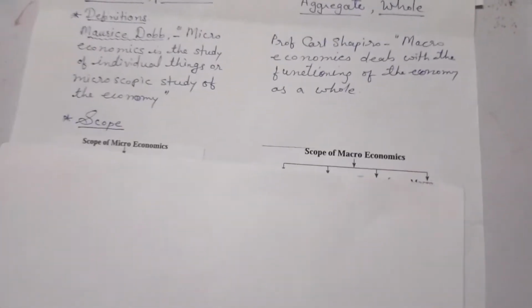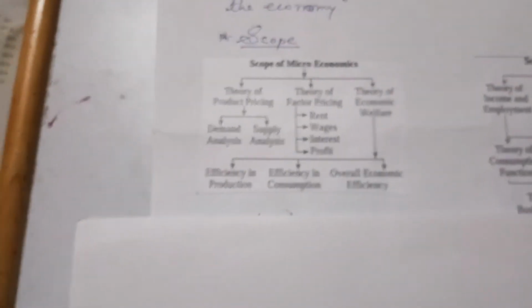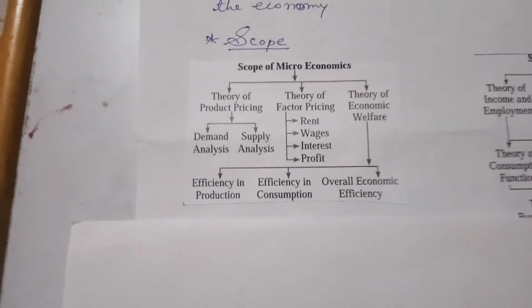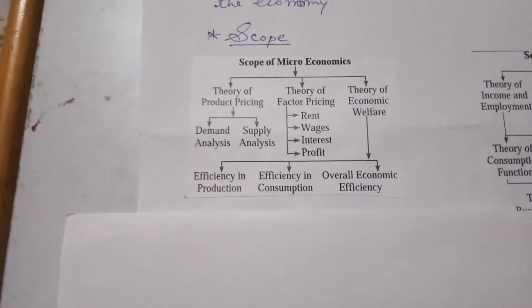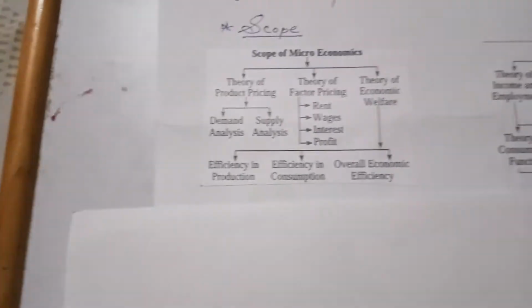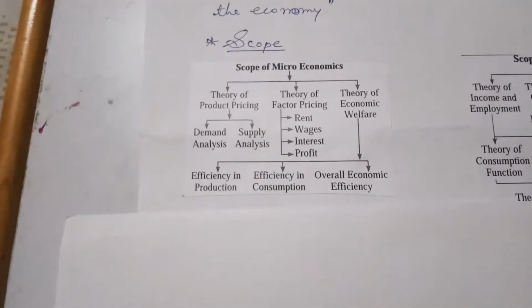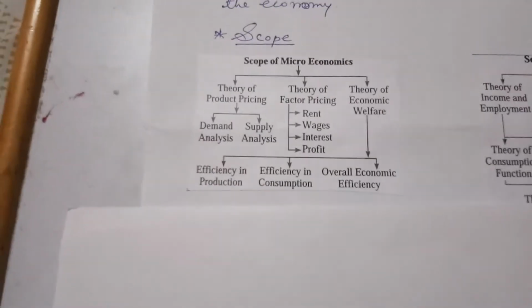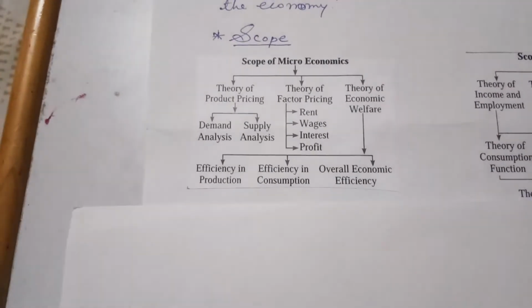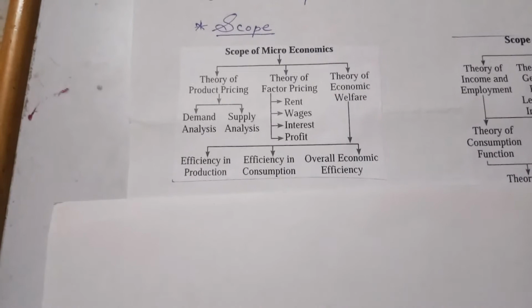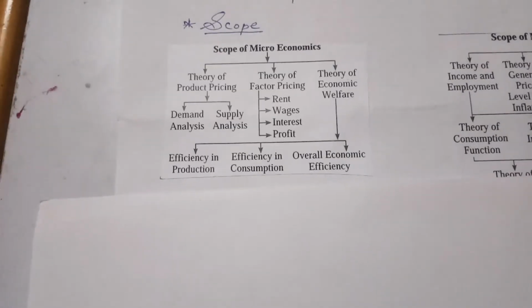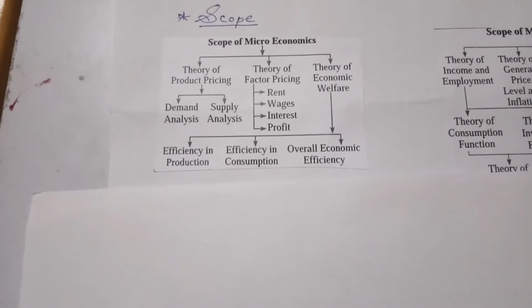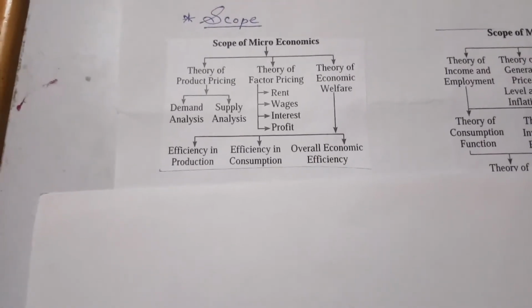Now, scope of microeconomics. One is theory of product pricing, number two, theory of factor pricing, and number three, theory of economic welfare. The theory of product pricing is divided into two: demand analysis and supply analysis.